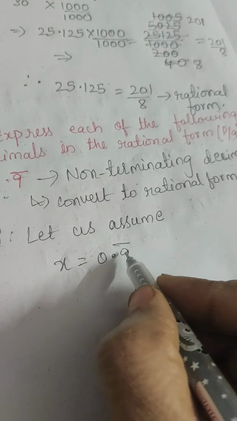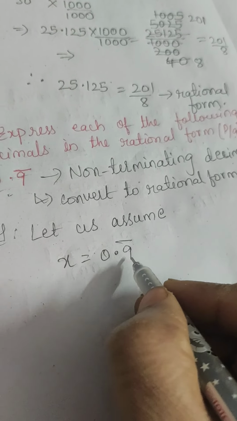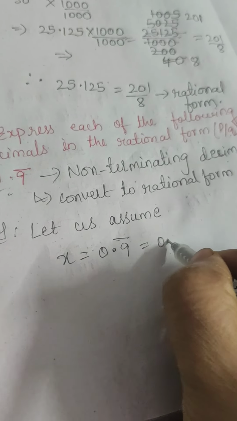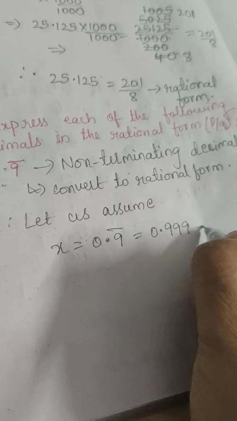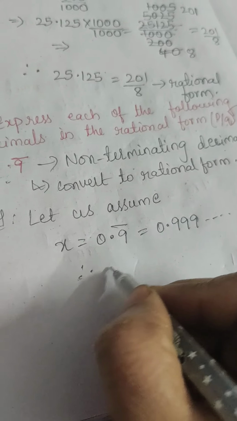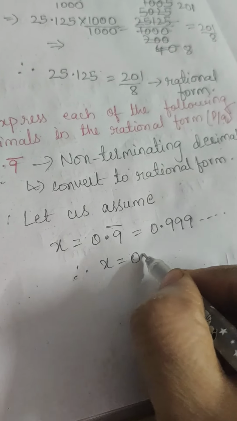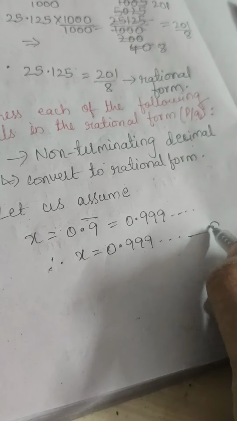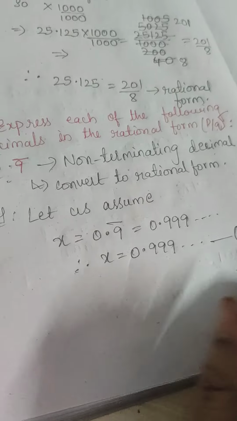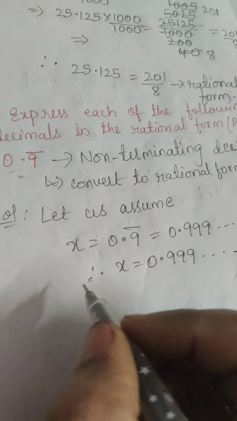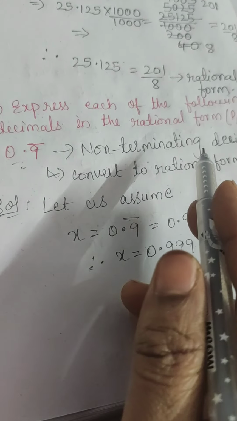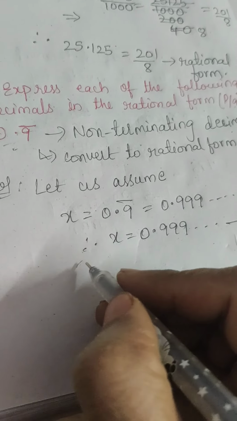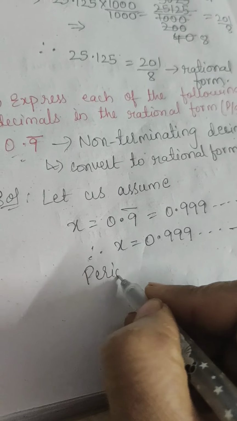What does the bar denote? The bar denotes this value goes on repeating, that is 0.999 and so on. Therefore x is equal to 0.999 and so on. Let us take this as equation number 1. Now as this is a non-terminating decimal, we can find the periodicity of this. What is the periodicity here?